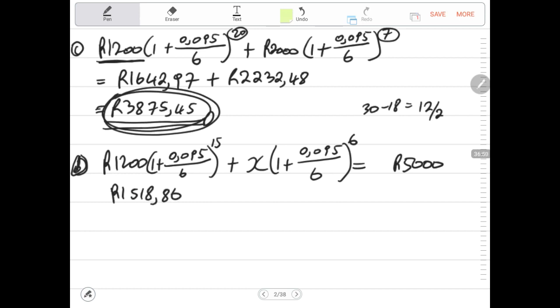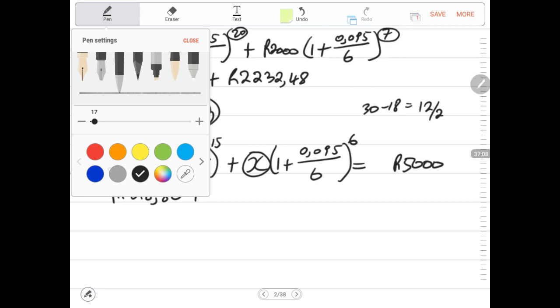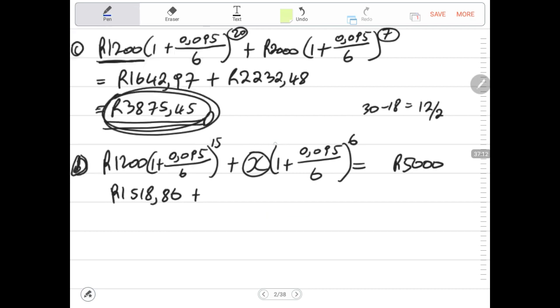This is the first interest plus the initial amount invested. Then after we say plus. Now remember, this is unknown. So what do we do? We deal with what we know and we leave the unknown so far. So we must deal with that section.